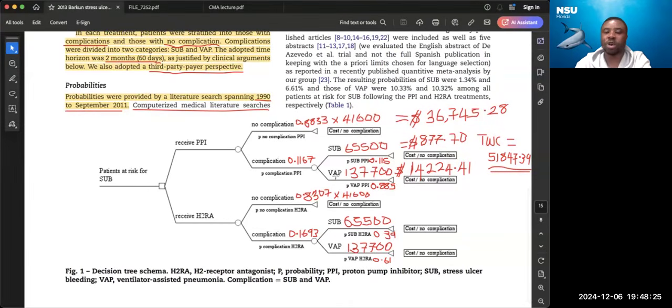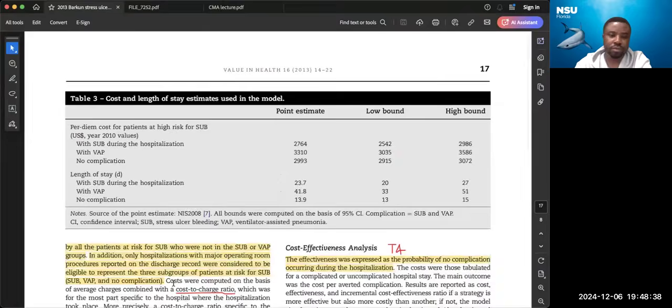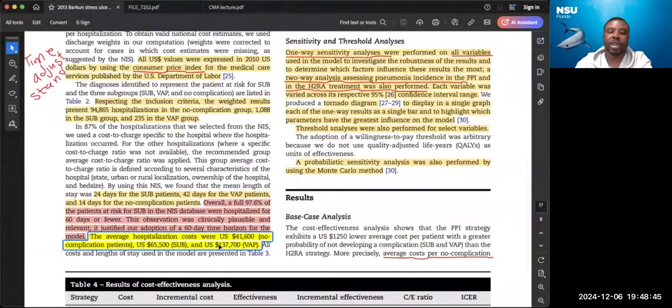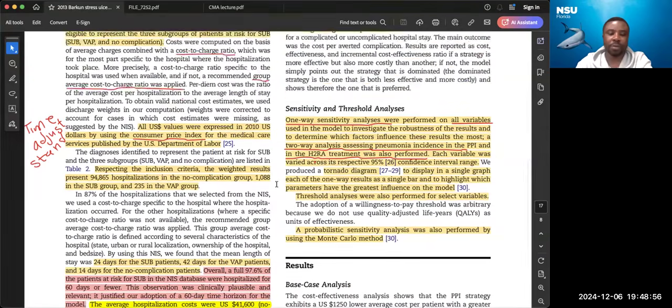And then this is the cost for the ventilator assisted pneumonia. You can see 137,700. Let me show you where I had that from. The same thing here. So I had that number from here. It said the cost for the VAP was 137,700. So that's where I had this number from.